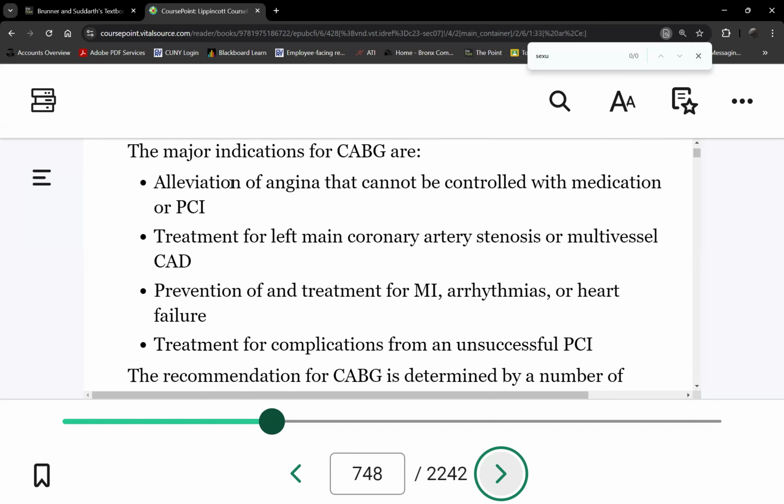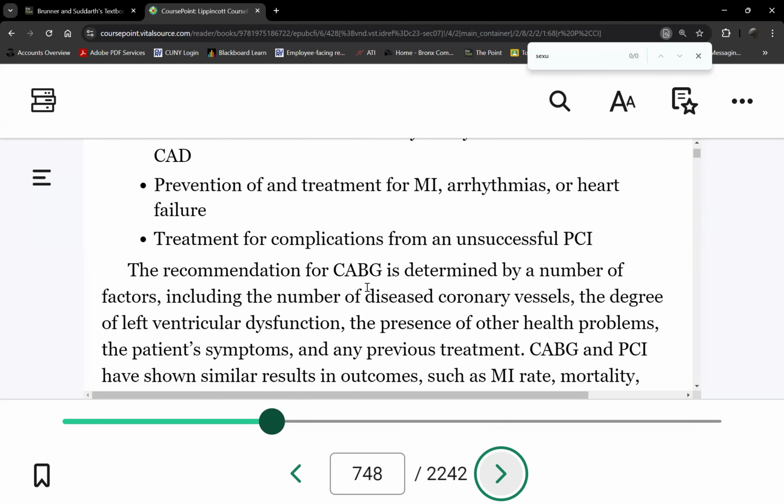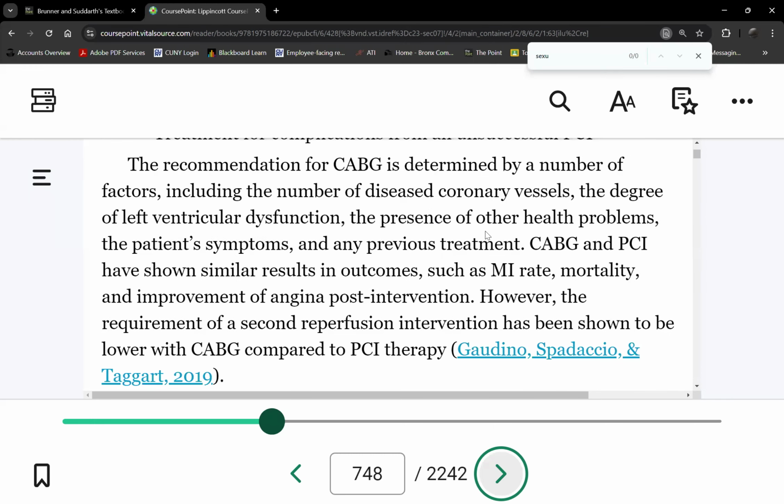These are the indications. Alleviation of angina that cannot be controlled by medication or PCI. If it's the left main coronary artery, and again, multivessel CAD. Or we tried PCI, but we couldn't do it. So now we have CABG.